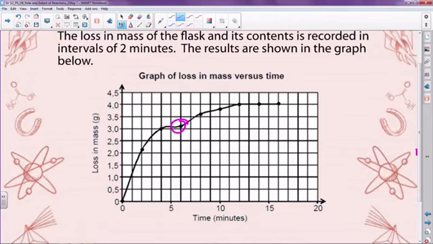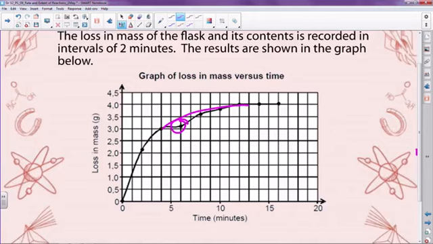That's where there's a problem, because your graph showed that the loss in mass was increasing, then it stayed the same, then it increased again. That's not going to happen in a chemical reaction, okay? What should have happened is the graph should have probably done that, because it should have got gradually smaller. It shouldn't have just done something in the middle.